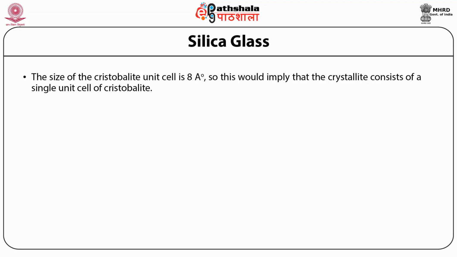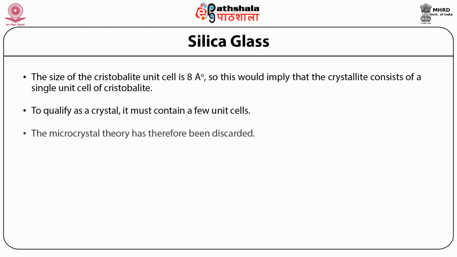So this would imply that the crystallite consists of a single unit cell of cristobalite. To qualify as a crystal, it must contain a few unit cells. The microcrystal theory has therefore been discarded.